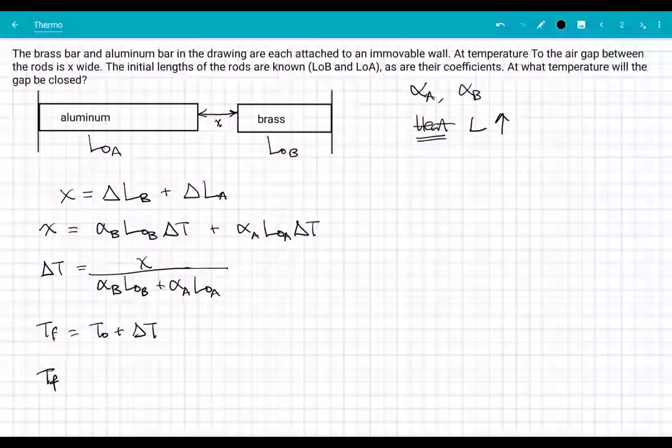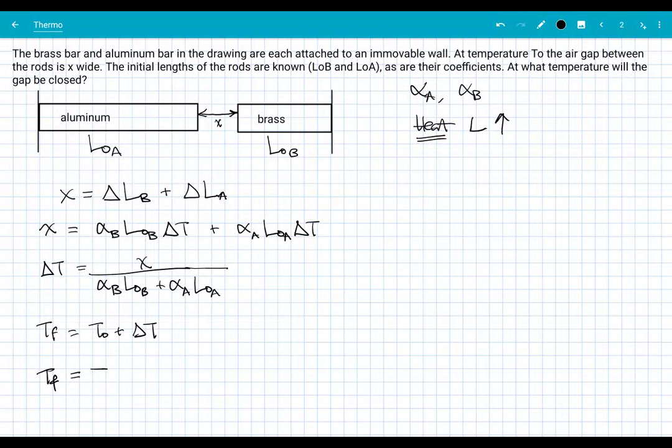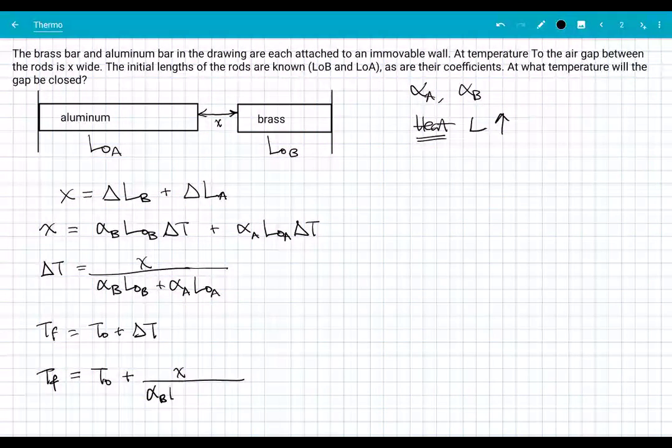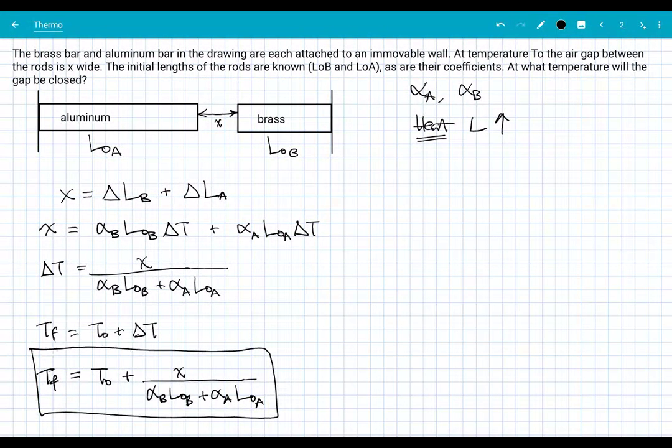So T final is equal to T initial, which is given in the problem, plus our change, which we just figured out: X over alpha B, L initial B of the brass, and then alpha aluminum, initial length of the aluminum. So that is my final temperature.